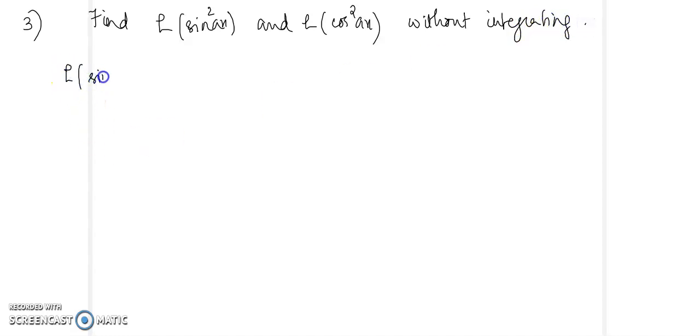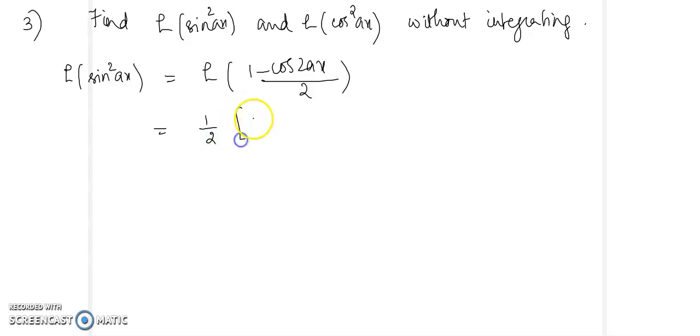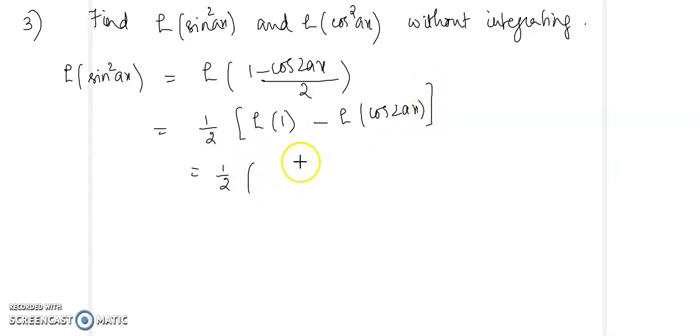So L of sine square ax will be, sine square ax is (1 minus cos 2ax) by 2. So that is 1 by 2 [L of 1 minus L of cos 2ax]. So you will get 1 by 2 [L of 1, which is 1 by p, minus L of cos 2ax, which will be p by p square plus 4a square].